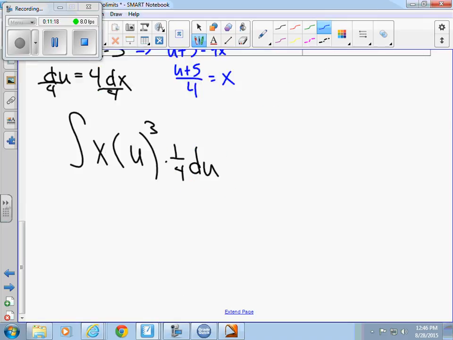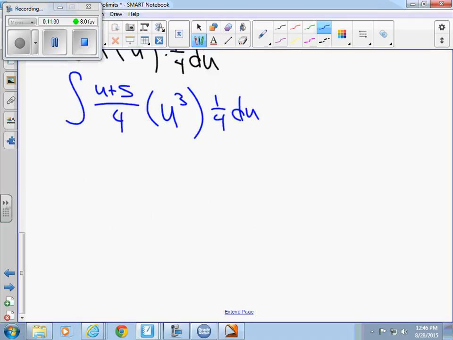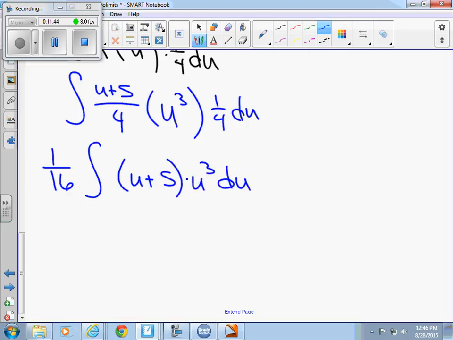May or may not be helpful, but I can. So I get the integral of u plus 5 over 4, u cubed, 1/4 du. Getting rid of some constants. Do you agree that I can pull the 1/4 out front and get 1/16 integral of u plus 5 times u cubed du? Still can't do that integral the way it sits, but what can I do now?